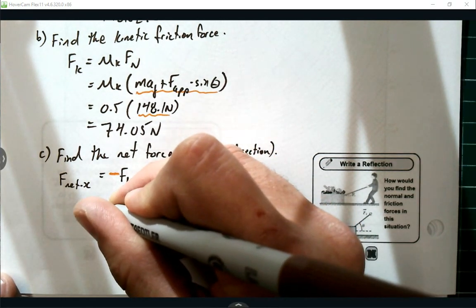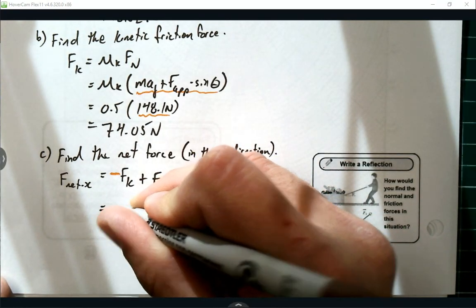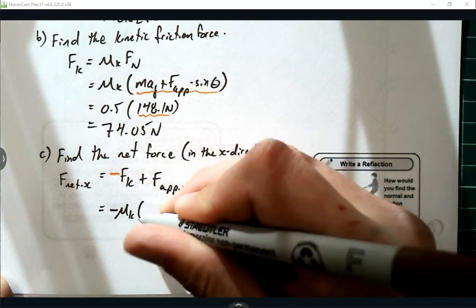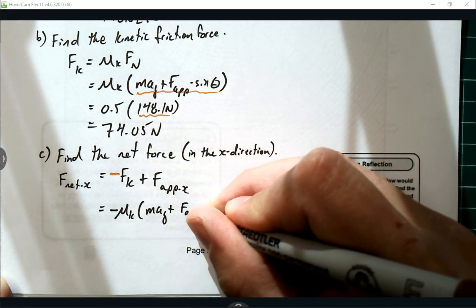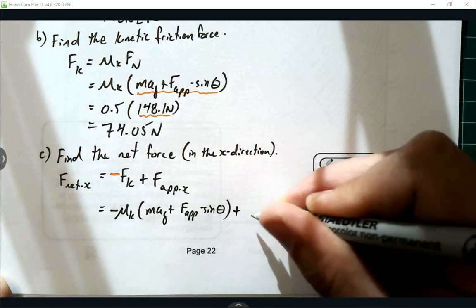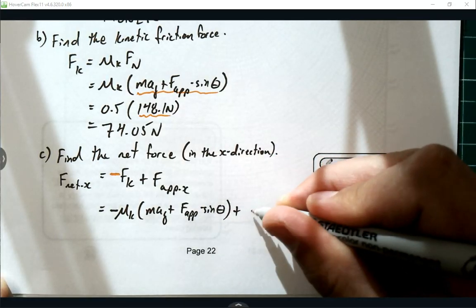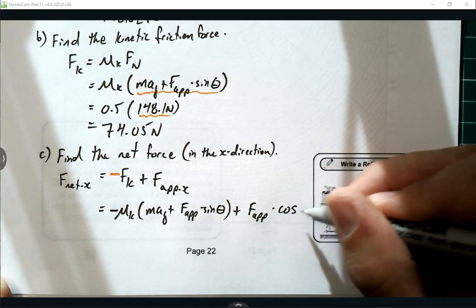Again, if I wanted to be a generalized equation writer, the F net expression would look like this. Negative mu k times the binomial mag plus F applied times sine theta, close bracket, plus F applied x would be F applied times cos theta.